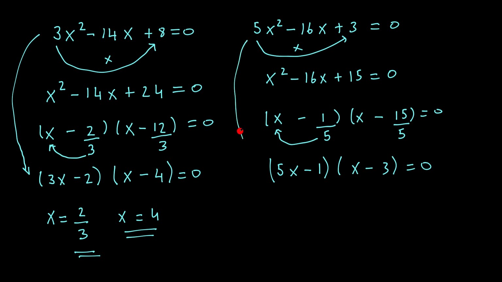So that is factorized into these two linear expressions. So I get 5x equal to 1, so x is equal to 1 over 5, so that's one of my solutions, and of course x is equal to 3. So that would be my other solution.